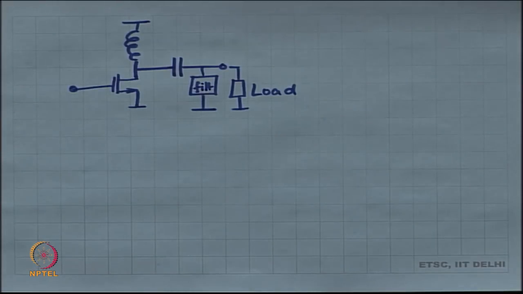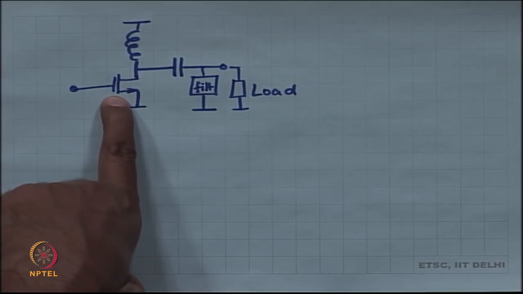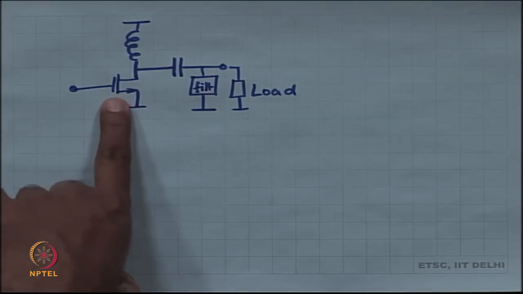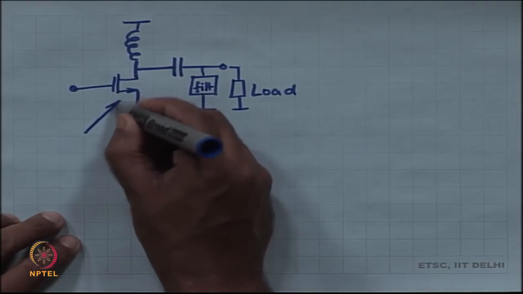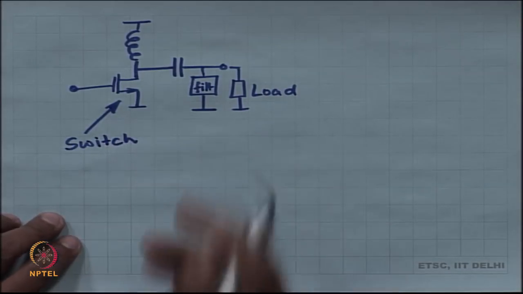Now, consider the following situation. Consider this MOSFET to be a very good MOSFET, very large in size, and it is going to operate as a perfect switch. What does a switch do?